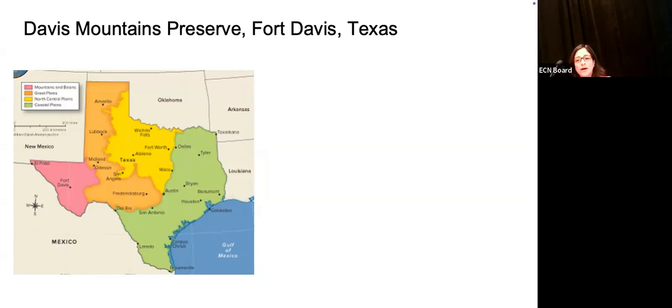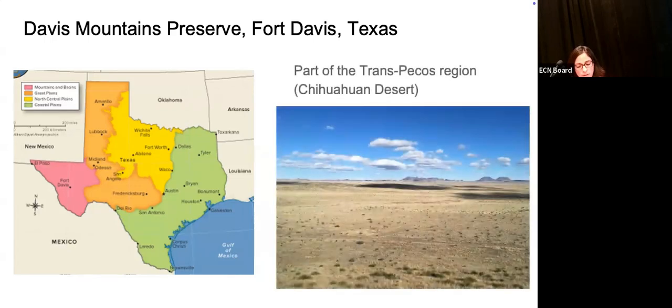So not a lot of mountains in Texas, except for this corner in pink, which is the mountains and basins of the state. So in this region, we have the Davis Mountains Preserve, which is situated within the Chihuahuan Desert. It's part of the Trans-Pecos region, so it's mostly desert with some elevations.